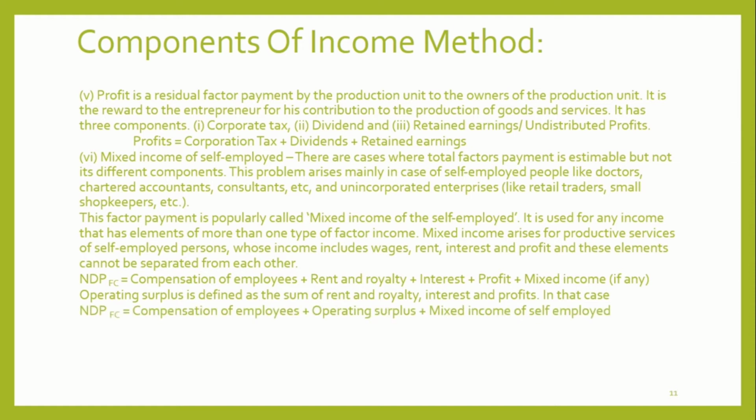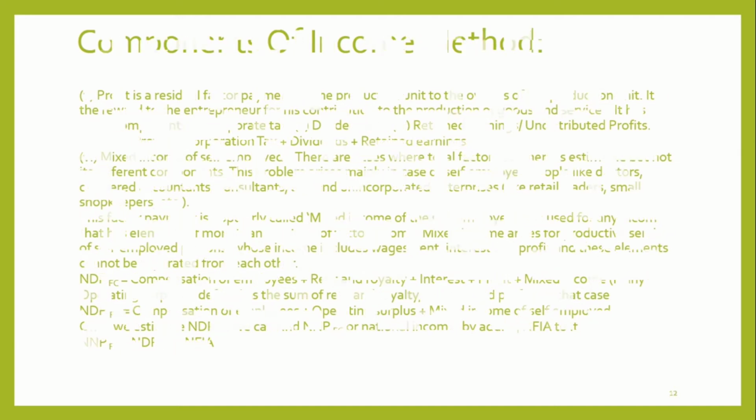In that case, NDP at factor cost is equal to compensation of employees plus operating surplus plus mixed income of self-employed. Once we estimate NDP at factor cost, we can find NNP at factor cost, or national income, by adding NFIA to it. NNP at factor cost is equal to NDP at factor cost plus NFIA.